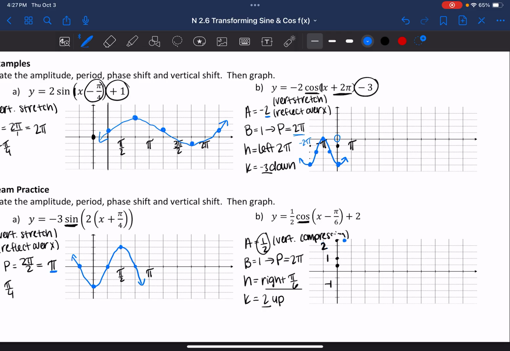Okay, so there's my starting point. Okay, and then from there, I would need to go back towards my 0. And my 0, instead of going down to 0, I have a vertical compression of a half, and we were shifted up 2 units. So that would put my next point right here.